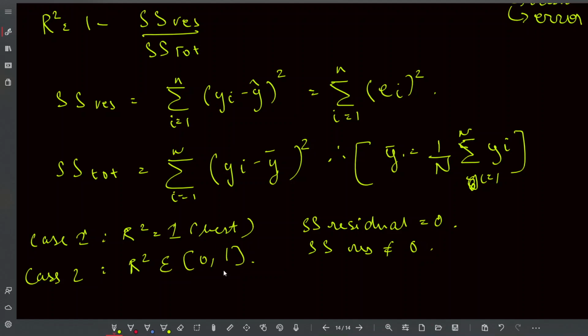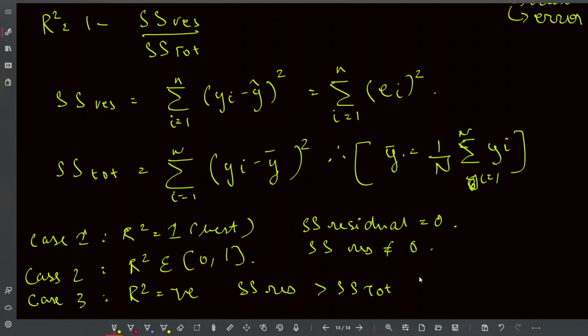It's fine. And case 3 is that my R square is negative, which means that SS residual is greater than SS total. Okay. Which basically means that the errors I'm getting in the predicted values are so large that they're even greater than my SS total.